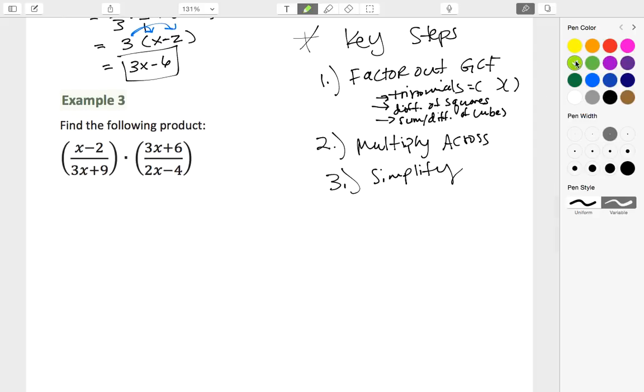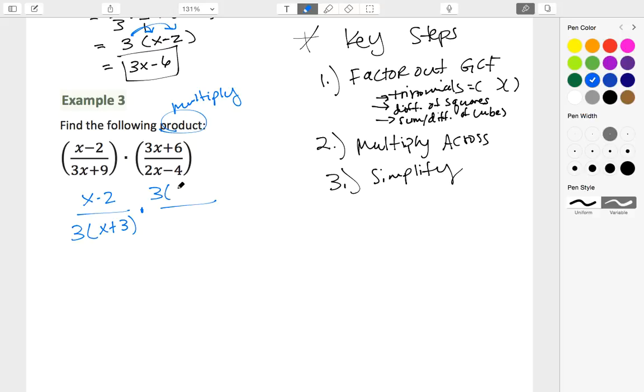So here it says find the following product. That means we need to multiply, meaning we need to factor something first before we simplify. Right here I look at my numerator, x minus 2. Nope, I don't have a GCF. 3x plus 9, I can factor out a 3, and this becomes 3 times x plus 3.